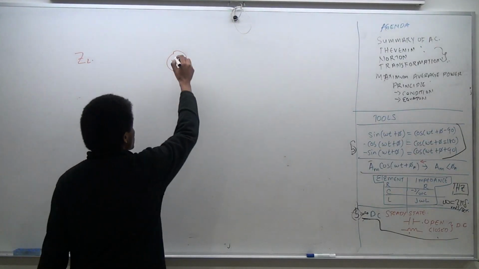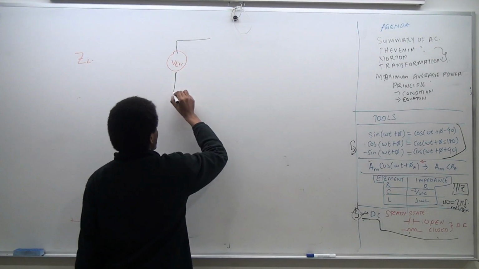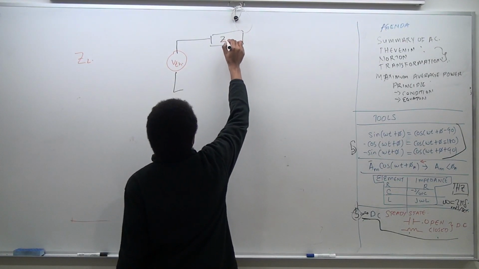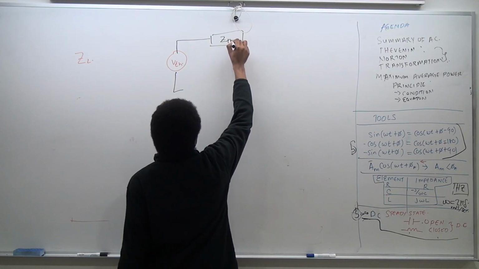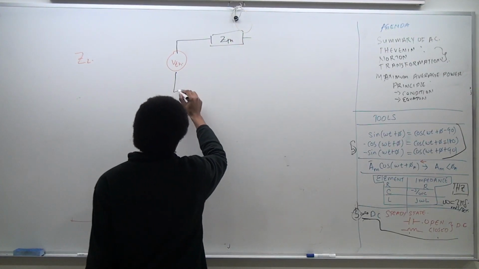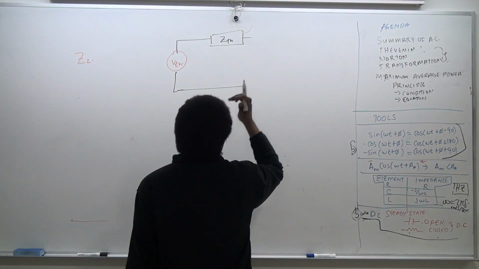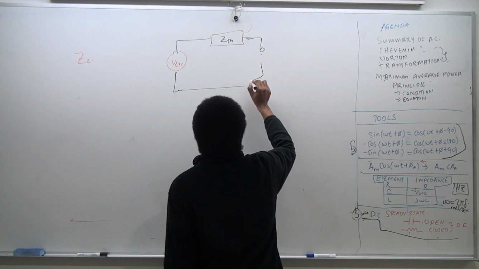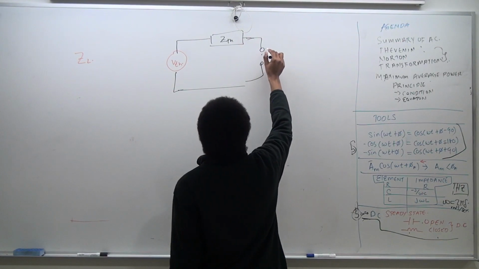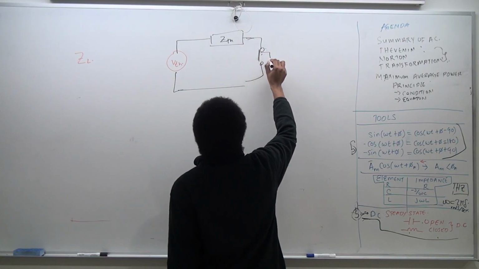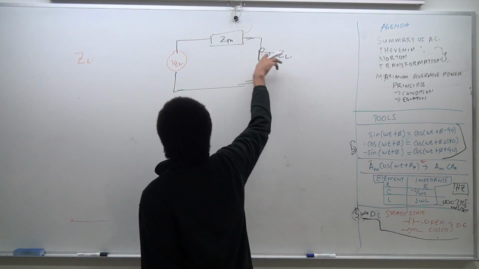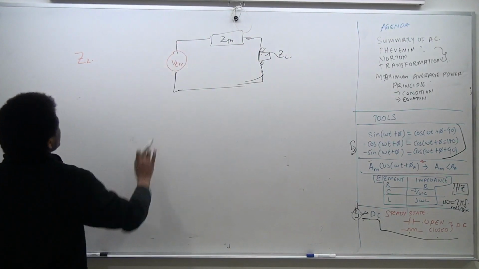You have a Z Thevenin, for example. This could still be applied to the Norton representation, but it's the same thing. So if you go here, and here, this guy we'll call the Z load, or the load impedance, the Thevenin impedance, the Thevenin voltage.